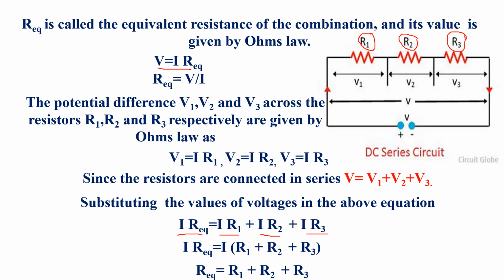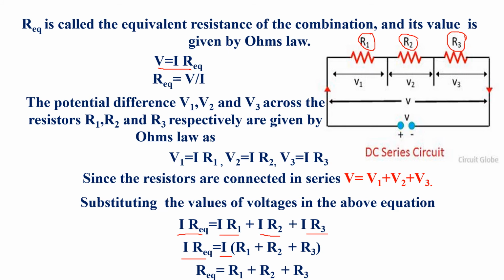So as I told you, from this V we are substituting the values of voltage in the above equation, and then we are taking this equation. In I Req, I is constant. As I told you, in the whole series circuit, I is constant. So since I is constant, we take I into R1 plus R2 plus R3. Since I is common, we take I into R1 plus R2 plus R3.